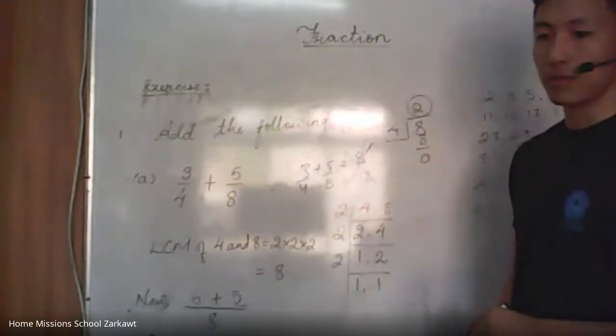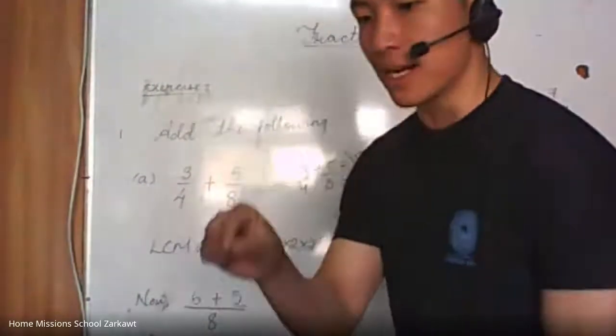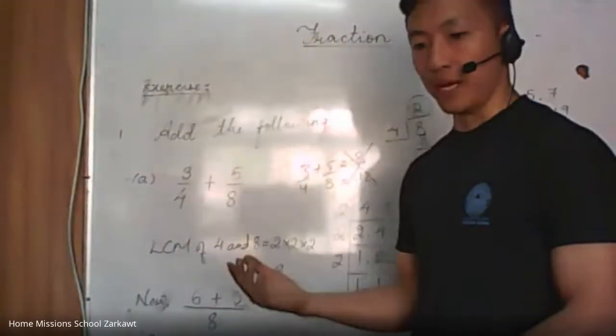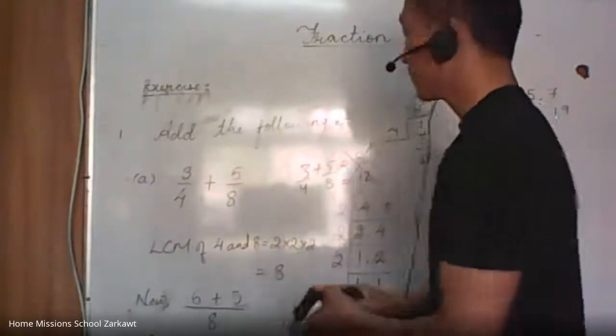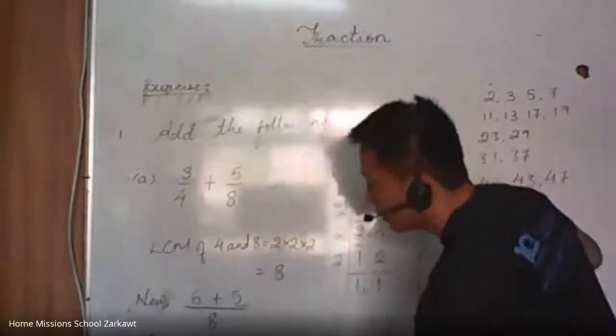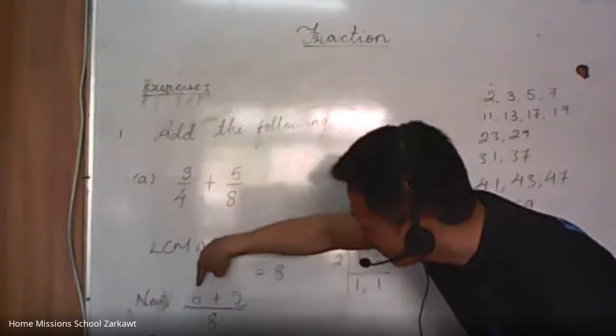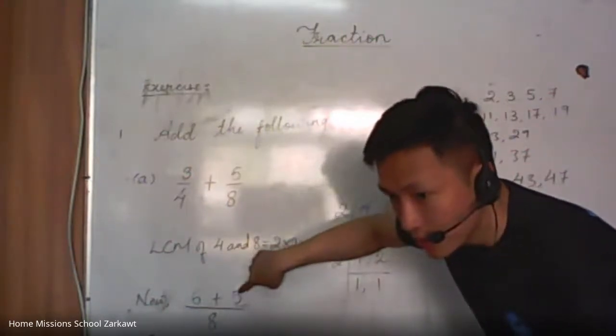This is wrong. If the denominators are different fractions, we can't add them. We're going to add it. We can add right now: 6 plus 5 is how much? 11.